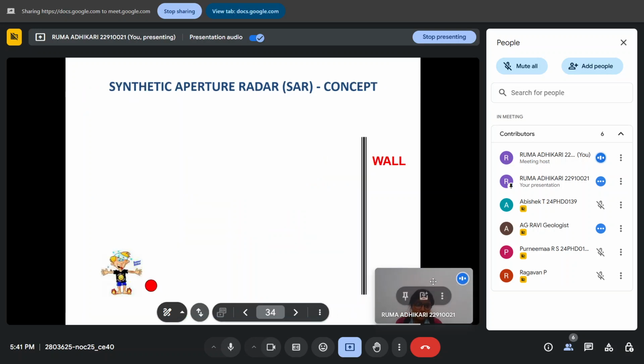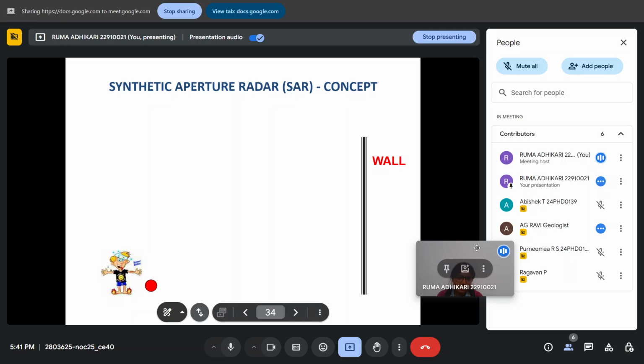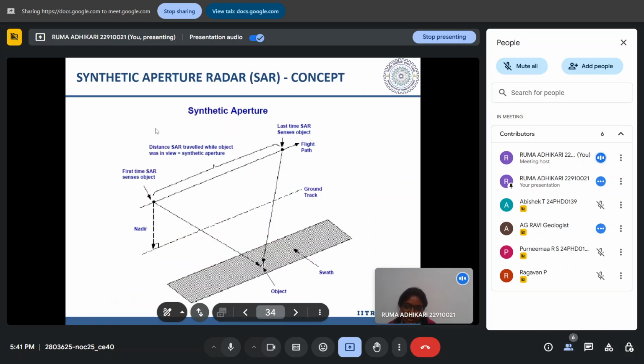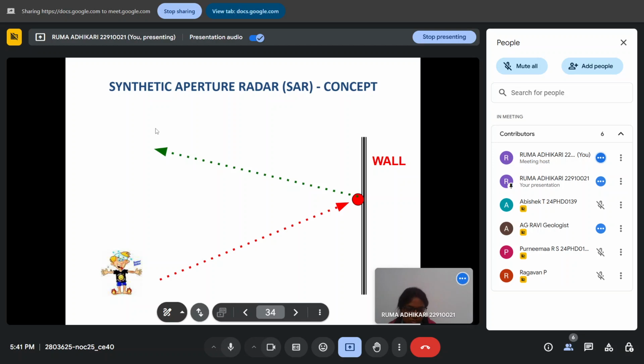So now we'll understand how SAR actually works. Suppose this boy is one sensor, it hits this wall, which is our target wall, and it gets one signal. Second, it transmits one signal here, and it reflects the signal in this direction.